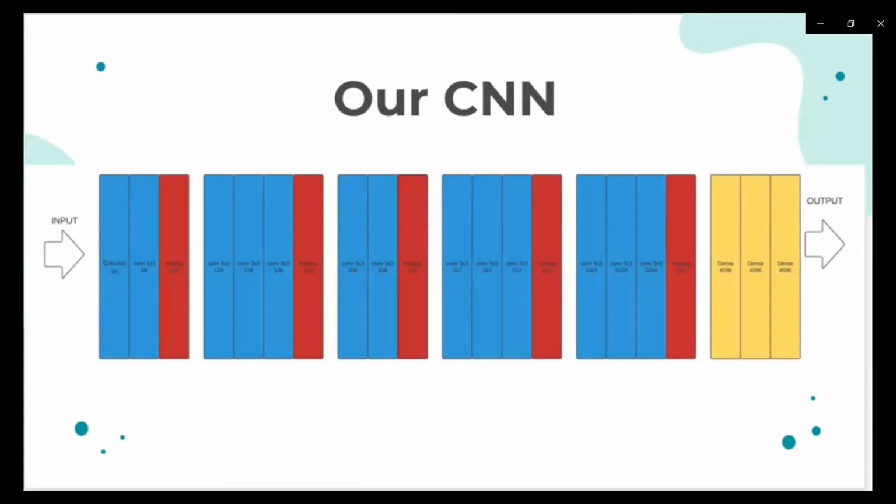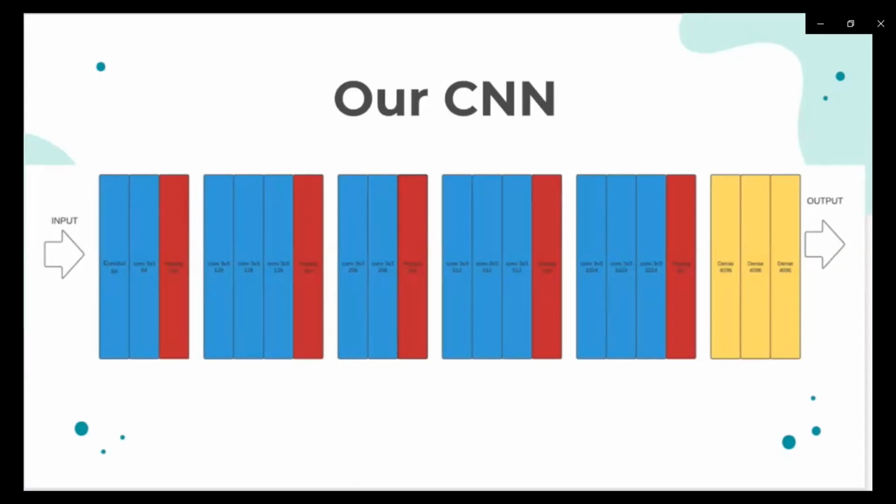After that, we will use 2 3 by 3 convolution layers of 256 filters, then max pooling, and then we will use 3 by 3 convolution layers and 1 max pooling layer twice with 512 and 1024 filters.